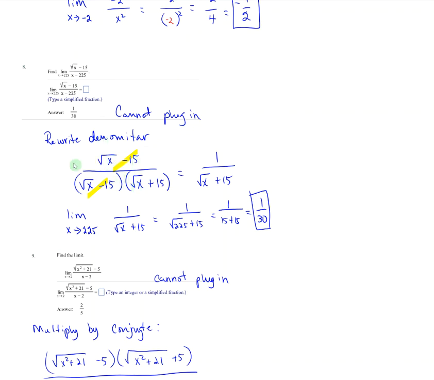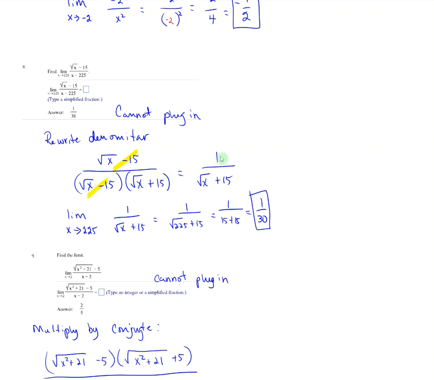I know this is on top, and this is x minus 225. If I do square root of x minus 15 times the square root of x plus 15, what does that give me? That's x, I don't have a middle term, and that's minus 225. So that's legal. I can just rewrite that, and I do that because then these can cancel out.